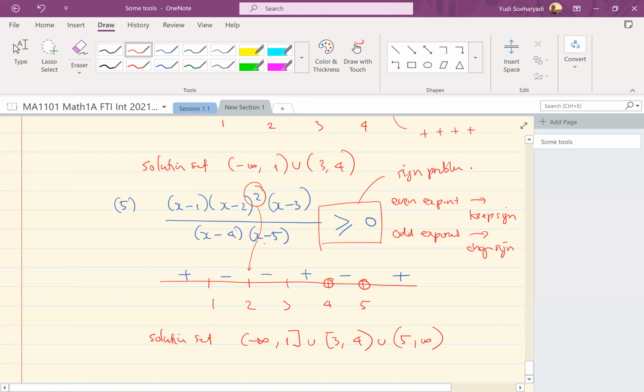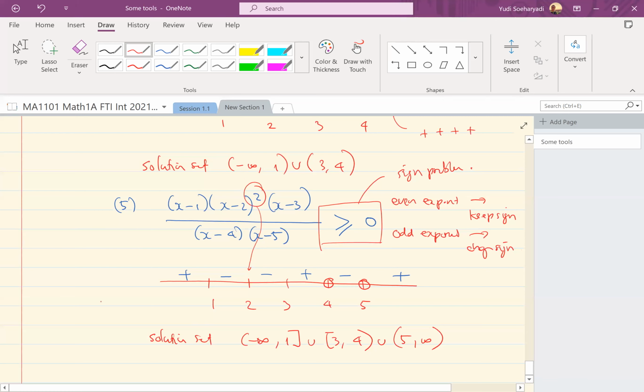Everything's positive with this one negative, which makes it negative. Across 4, you pick 3.5. So basically you can work like that, just picking a number in each interval.